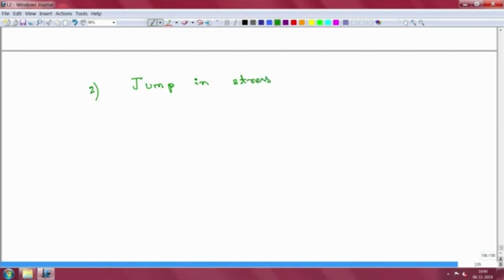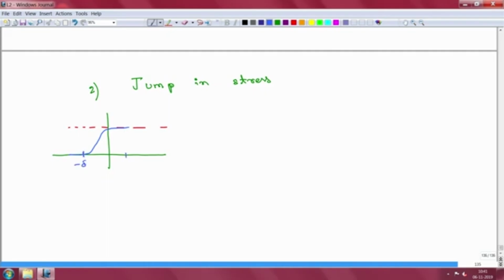To look at a jump in stress, we are going to assume that instead of a direct jump, you have the jump as a series of functions that go from 0 to a value of 1 or sigma naught in a short period of time.